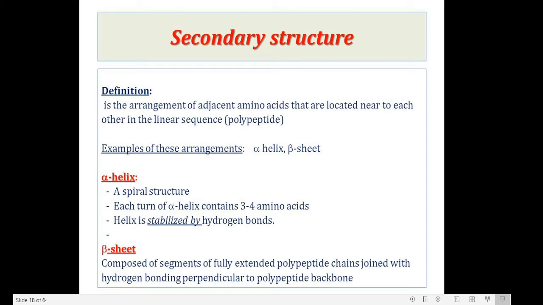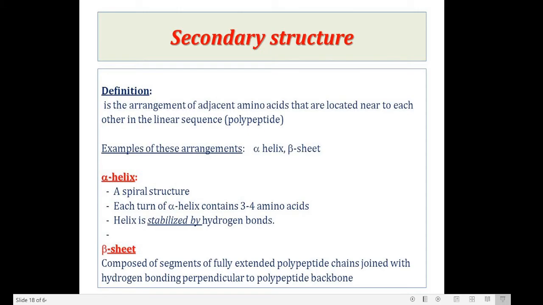If the binding of amino acids forms a helical spiral structure, that is called the alpha helix. This alpha helix carries 3 to 4 amino acids per turn, interacting through hydrogen bonding.